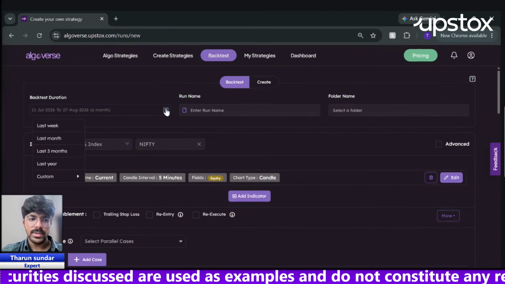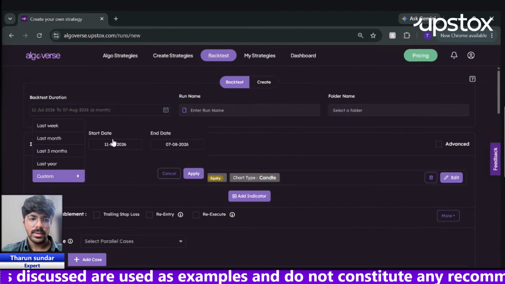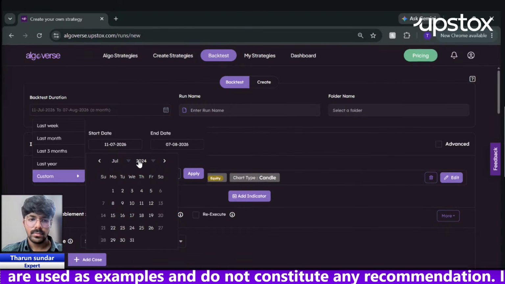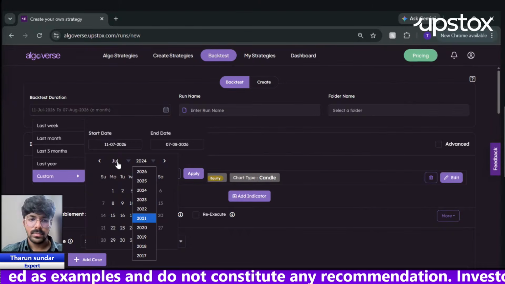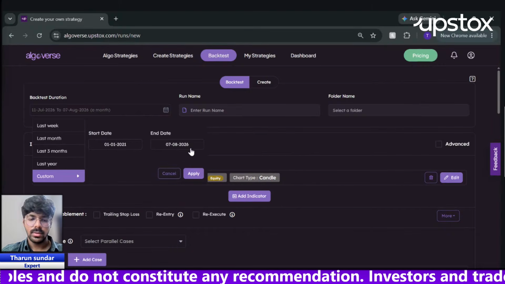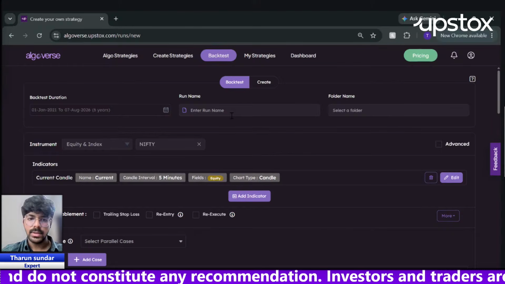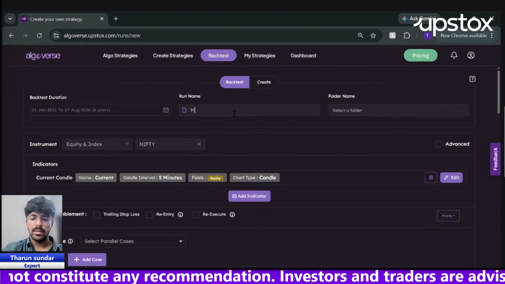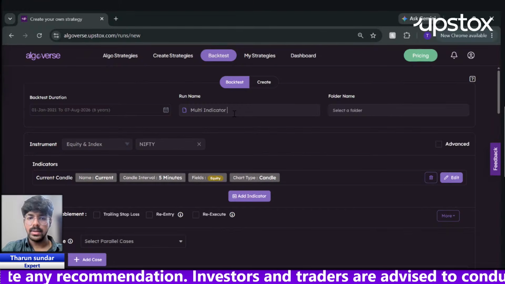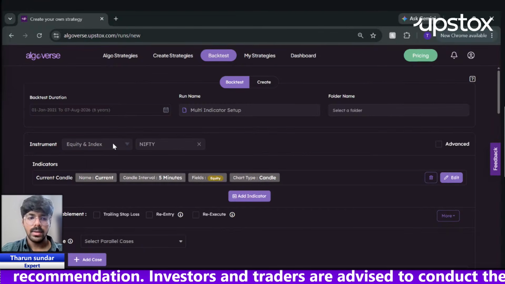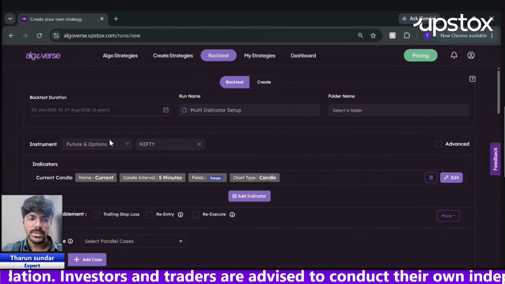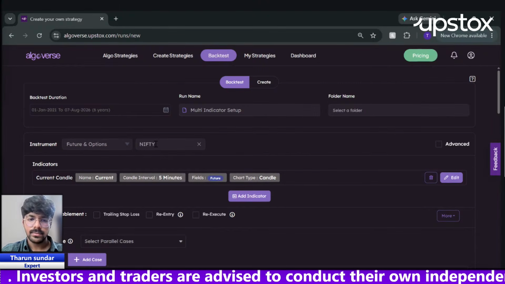So let's build a strategy based on that, and let's practice this for the last, let's say, period from Jan 2021 till yesterday. Let's name this multi-indicator setup. And I want all these indicators to work on the Nifty futures chart. So I'm changing it to futures.